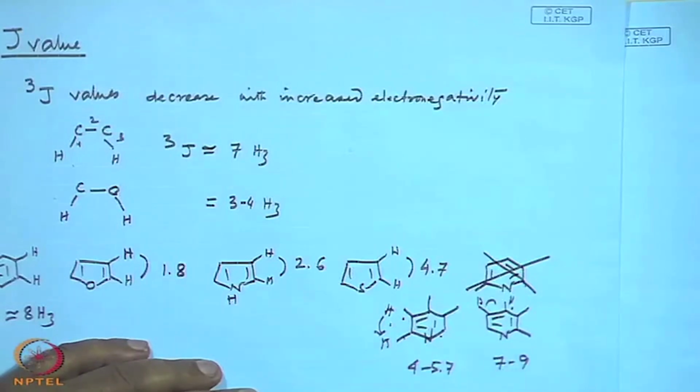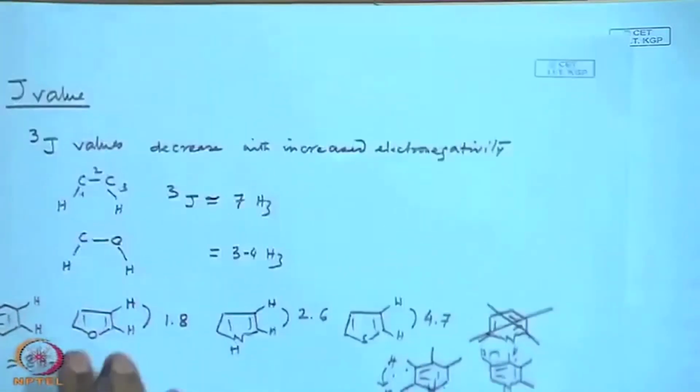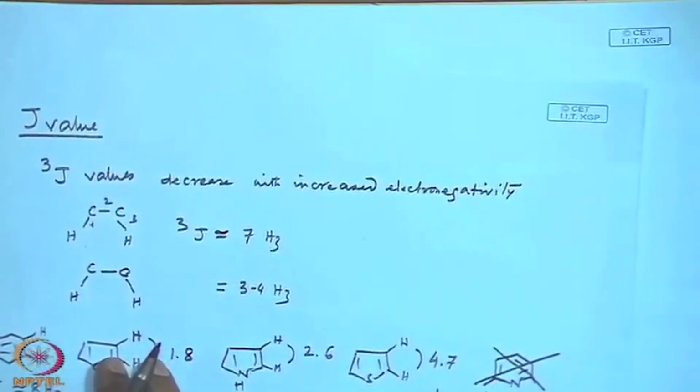What does it mean? These hydrogens are closer to the nitrogen, that is all. If the hydrogens are closer to the electronegative atoms, the coupling constant is likely to be less. So, this is a very important diagnostic.